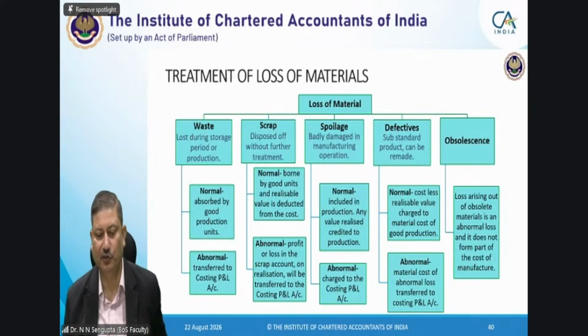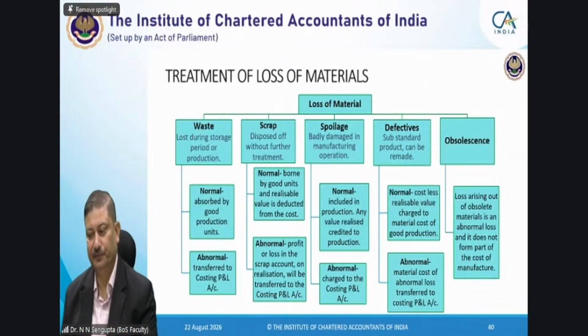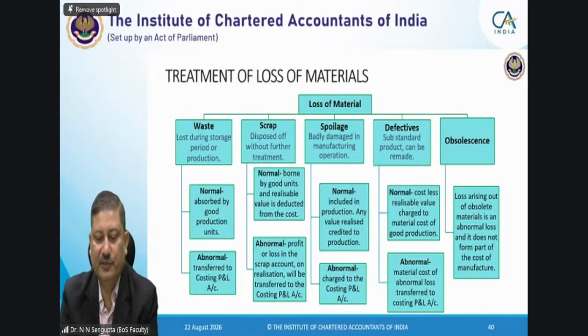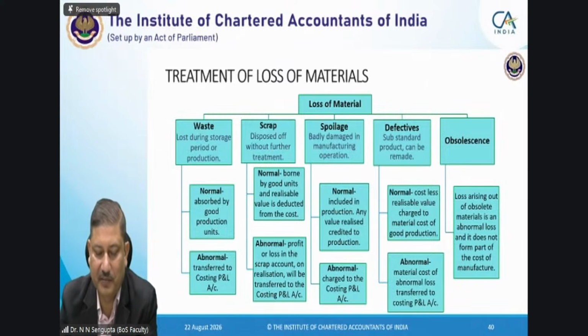Scrap, disposed of without further treatment, which cannot be used for further process. Spoilage, which is badly damaged in manufacturing operation. Defective, final product has come, but substandard product which cannot be remade. And obsolescence because of change of technology or the process of manufacturing.